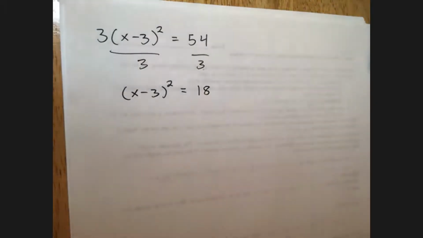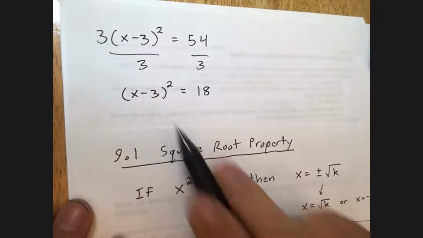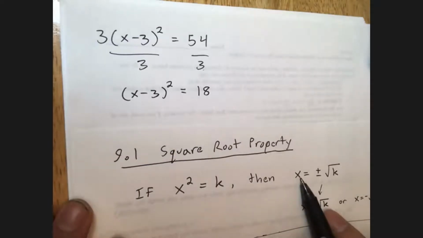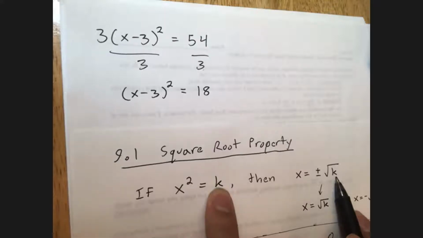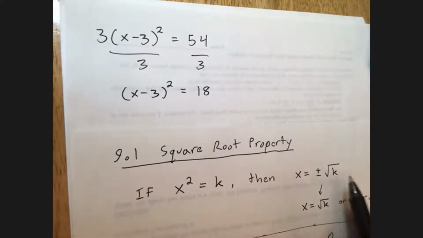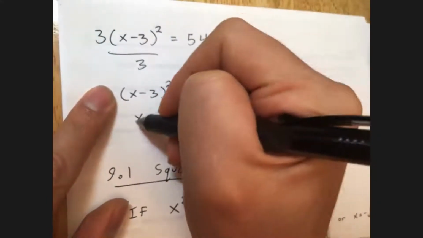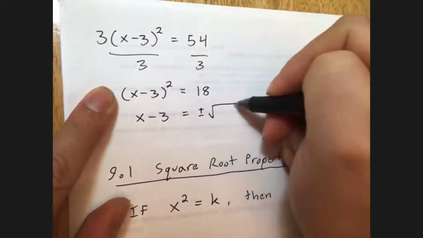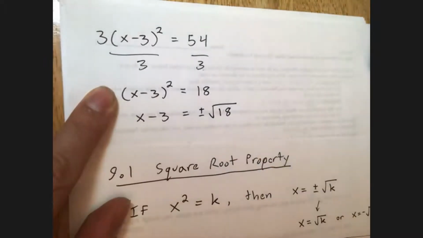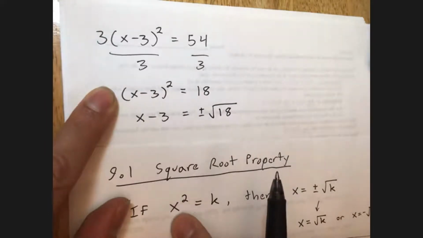So what the square root property says is that whatever that something is, be it an x or anything else, that something will equal plus or minus the square root of whatever was on the right-hand side. So the x minus 3 is taking the role of x in the square root property.